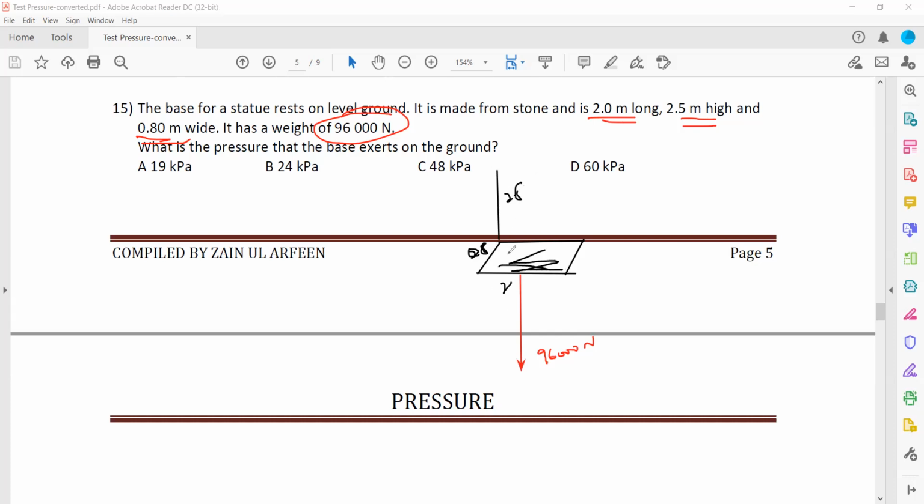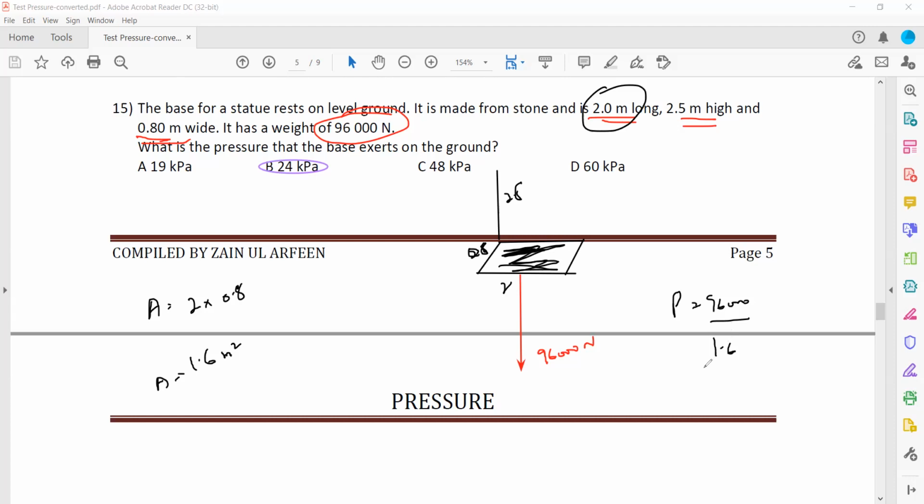So what we need is the base area. So base area will be 2 multiplied by 0.8, that is equal to 1.6 meters square. And the force is 96,000, because we need a pressure.